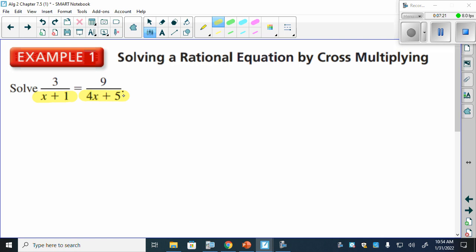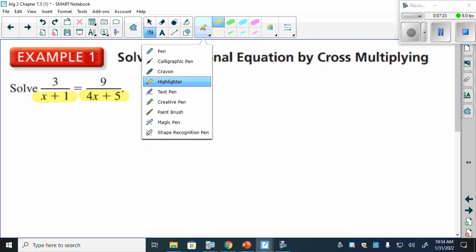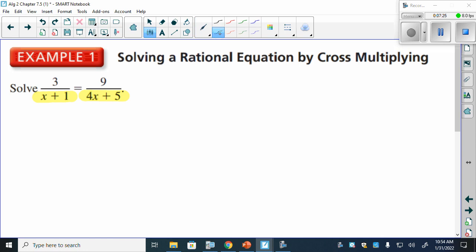We call it an extraneous solution. Because in these here, we cannot have the denominator be 0. So whatever value of x makes x plus 1 equals 0, or 4x plus 5 equals 0 would be our restrictions.